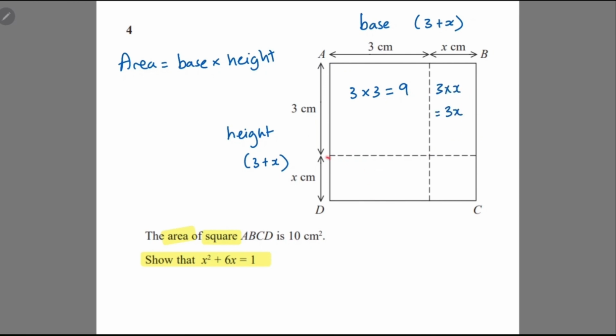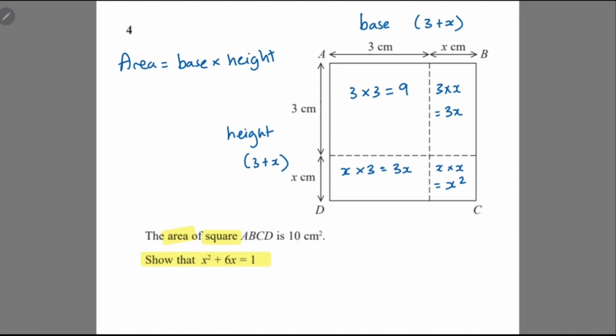Then this section is x times 3, which again is 3x. And finally, this last section is x by x, which is x squared.